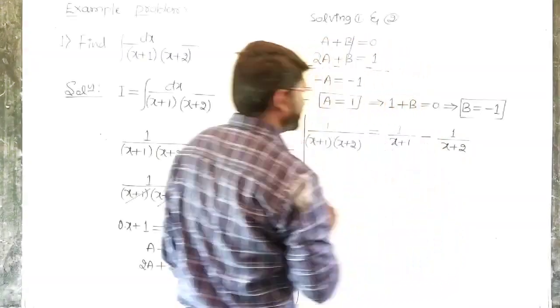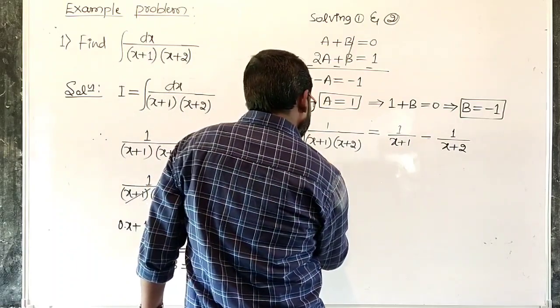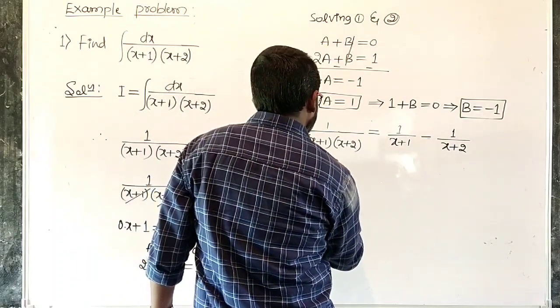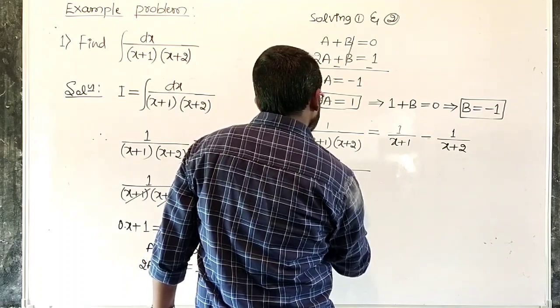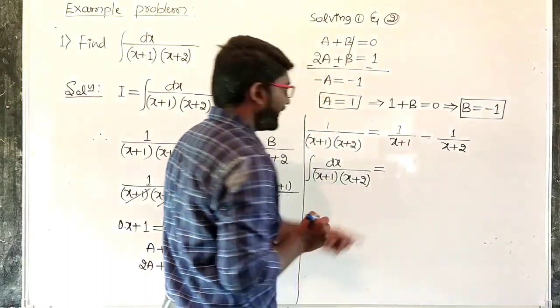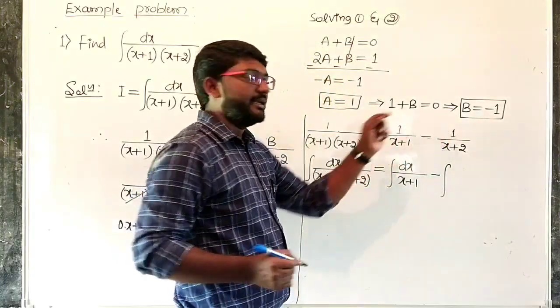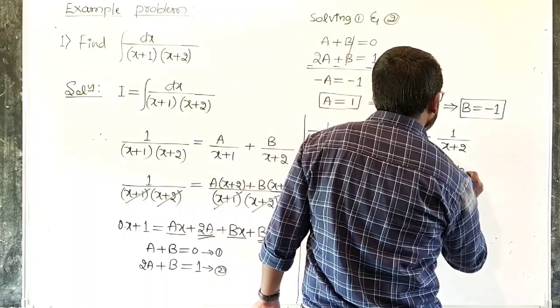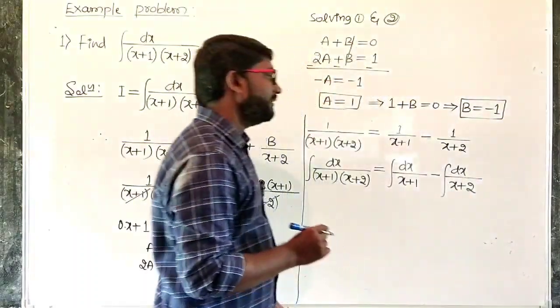Now integrate both the sides. The integral dx upon (x plus 1) into (x plus 2) is equal to the integral dx upon (x plus 1) minus the integral dx upon (x plus 2).